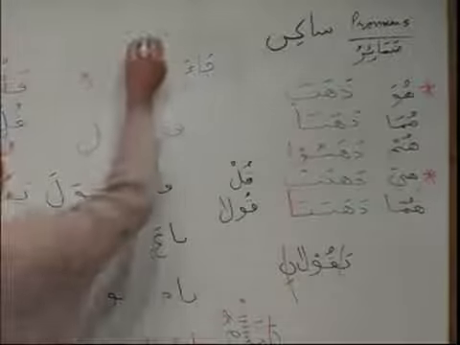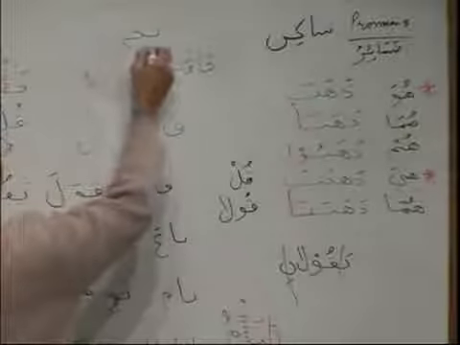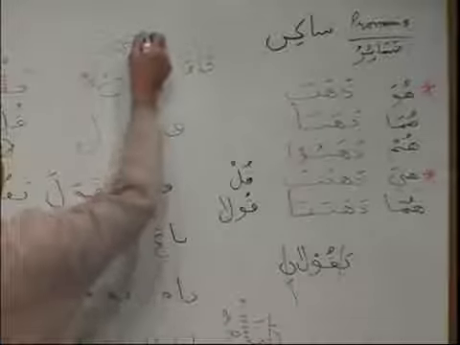How will you write it down? No, yaji'. So you will write down ya. Now, the ya has been dropped. Now what is this? A kursi for Hamza.